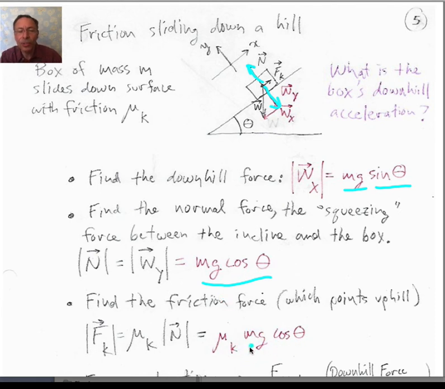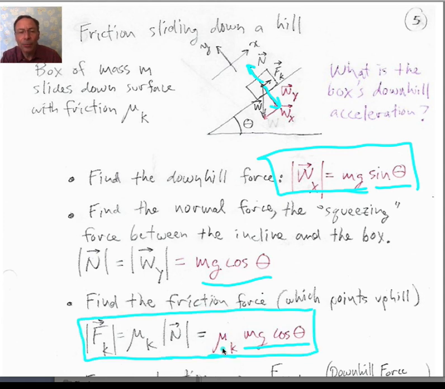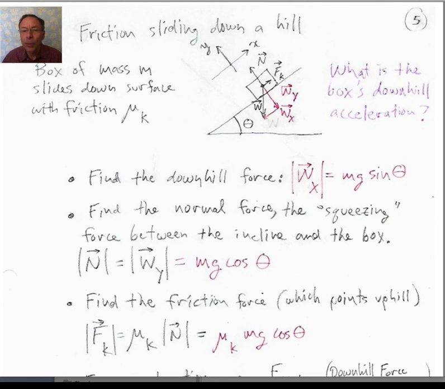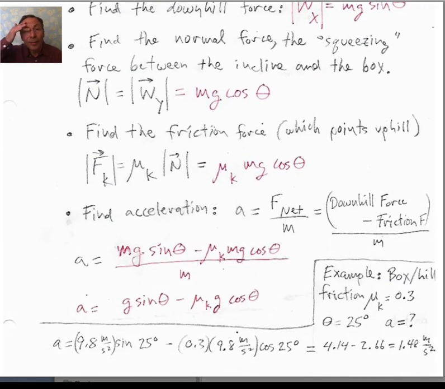So the kinetic friction is going to be the y component of the force, mg cosine theta, times the kinetic friction coefficient. Okay, so we've got these two pieces here that are really important. We've got the x component and we've got the friction force. So now that we've got those two things, the downhill force and the friction force, we can figure out the acceleration.